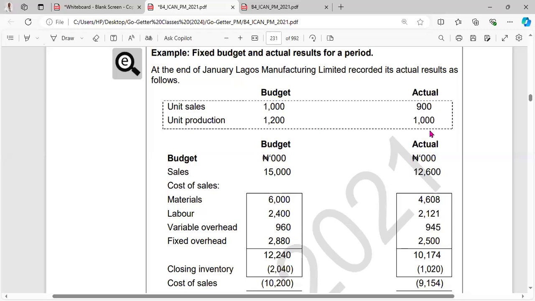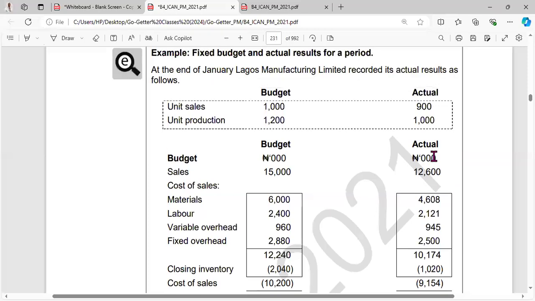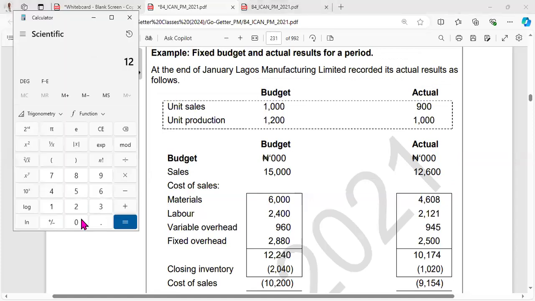Now, what does this tell me? It tells me that your closing stock in actual is 100 and we budgeted 200, right? All right, so let's look at the budgeted figures now and compare them with actual. Look at our sales for budgeted here. It's 15,000. But actual, we are now selling it at 12,600,000, right?